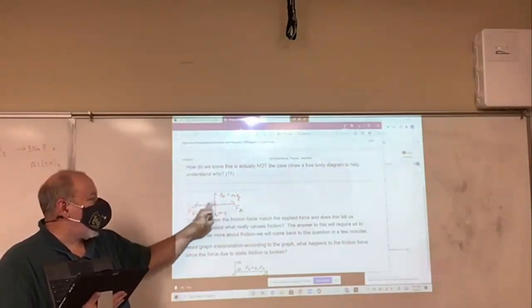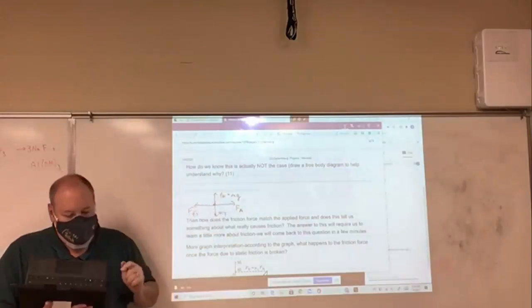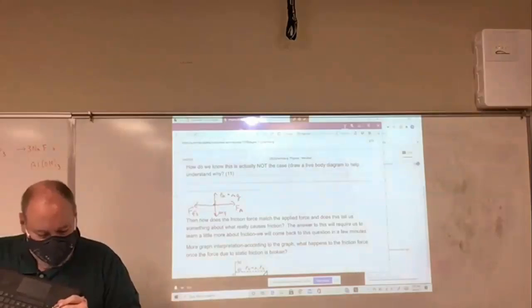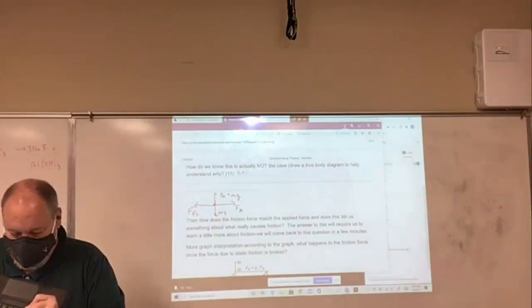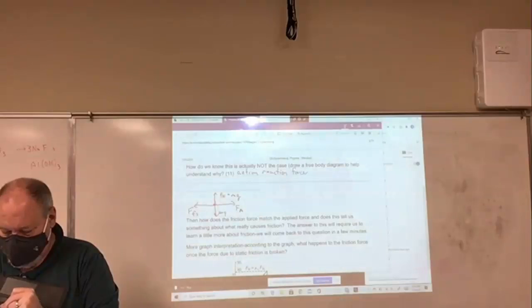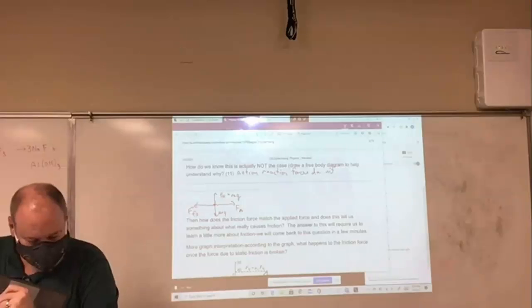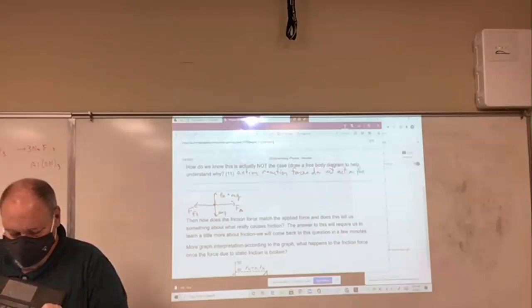The friction force is also acting on the object. This cannot be a reaction force because action-reaction forces do not act on the same object.